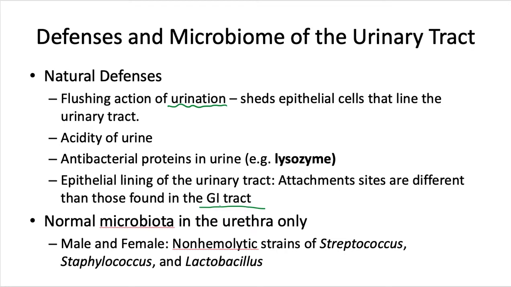So most microbes from the GI tract won't be able to attach to the urinary tract because of those different attachment sites. And as I've mentioned previously, we should find microbes only in the urethra. And the microbes are usually a mixture of non-pathogenic and non-hemolytic species of gram-positive bacteria.